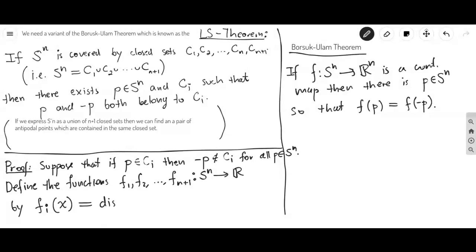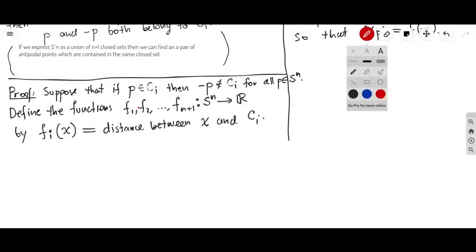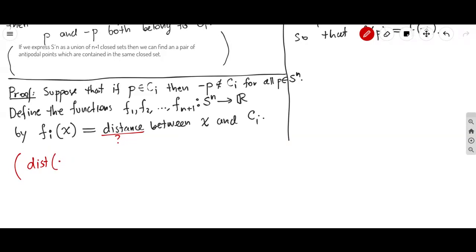This is just going to be the distance between x and Ci. So what do we mean by the distance? Maybe I'll draw a picture. This is your sphere Sn, and somewhere on the sphere you have a closed set.